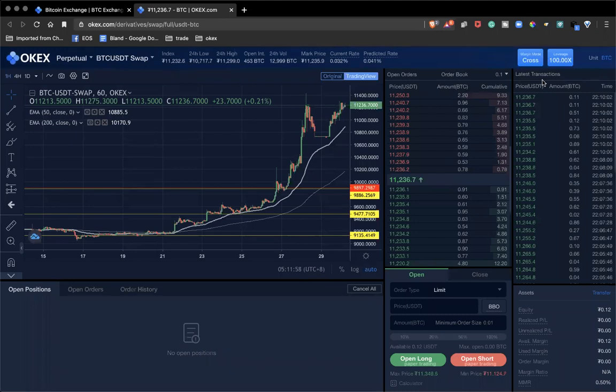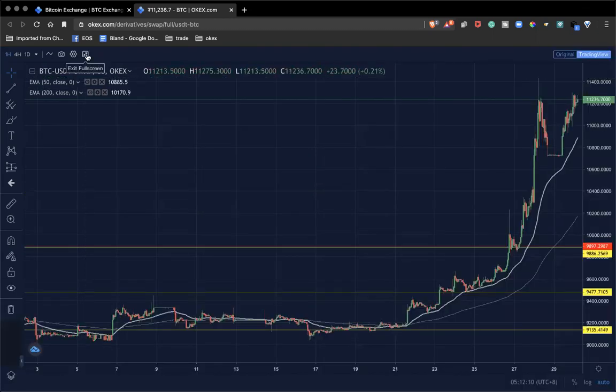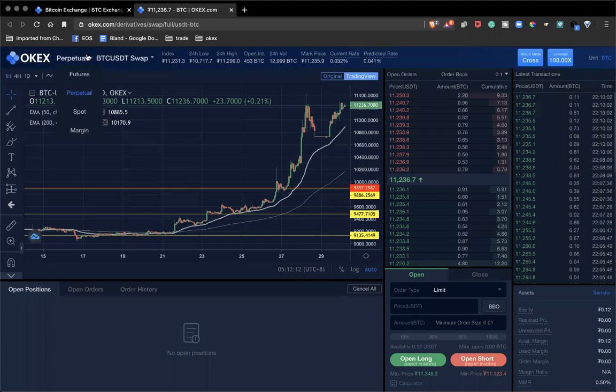So let me just introduce you to the user interface. Usually when you log in, you see this charts area.